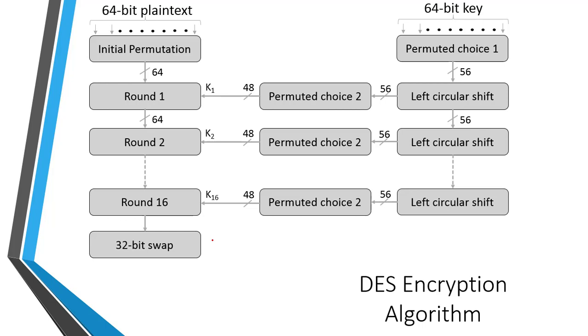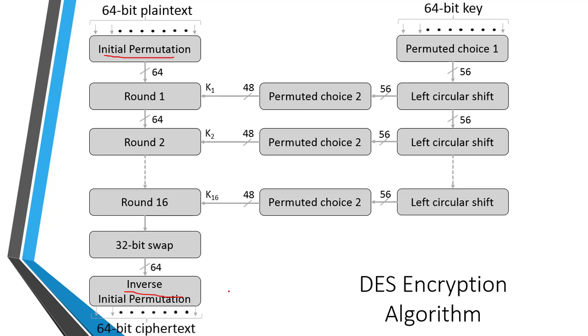After that, a 32-bit swap operation is performed, that is, the left and right parts are swapped. Then we perform the inverse of the initial permutation operation. Here we first performed the initial permutation, and after the 32-bit swap, we perform the inverse initial permutation, and then the 64-bit ciphertext is generated.